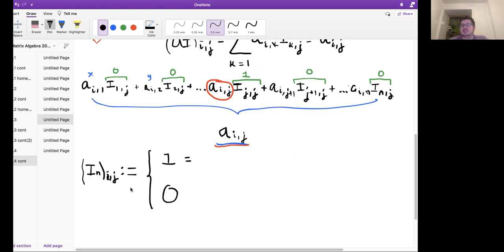Which entry gets a 1 in that big sum? The jj, yeah. So what's the relationship between the row and column when it's jj?